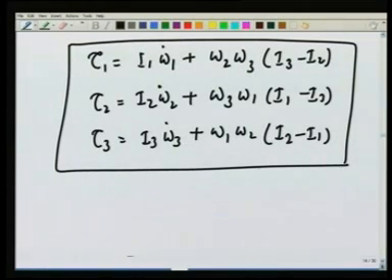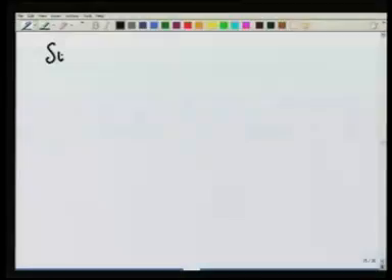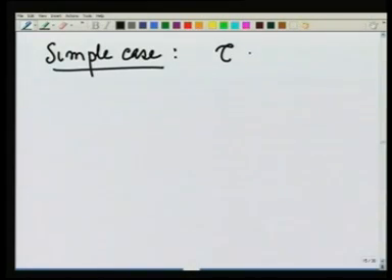We will now apply these equations to some other examples and see what we get. The first simple case that I take is when the external torque is 0.